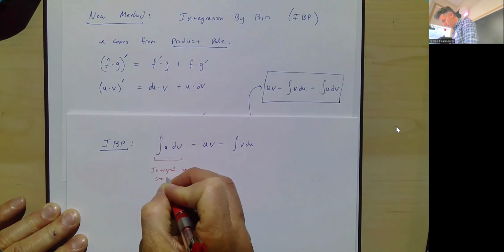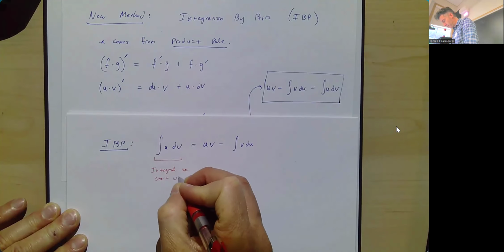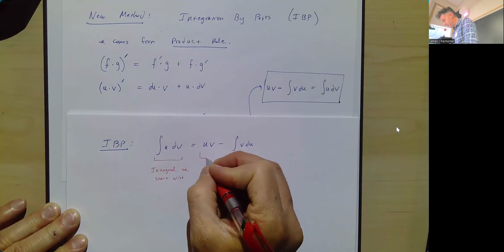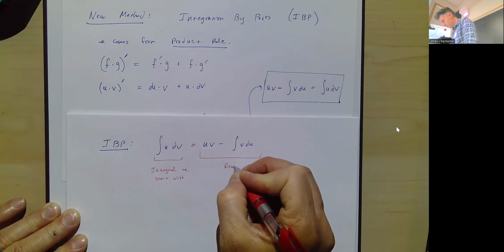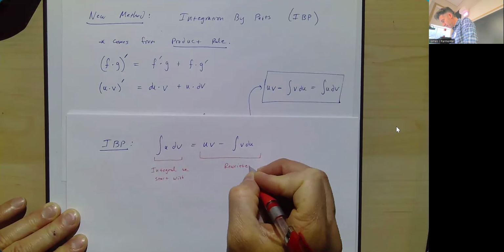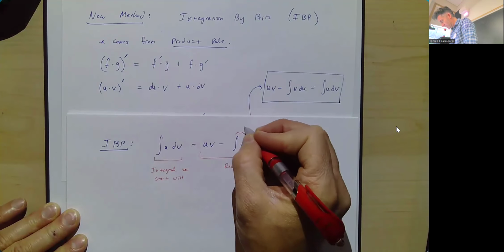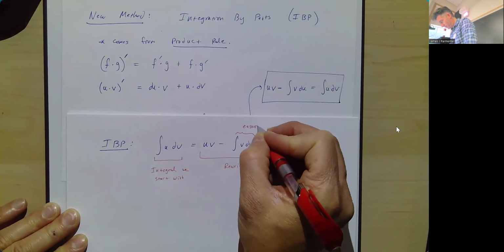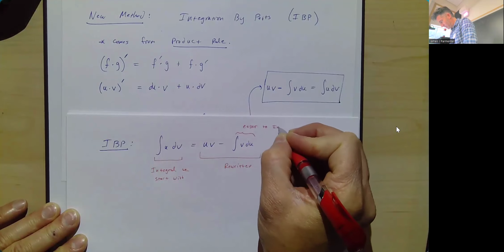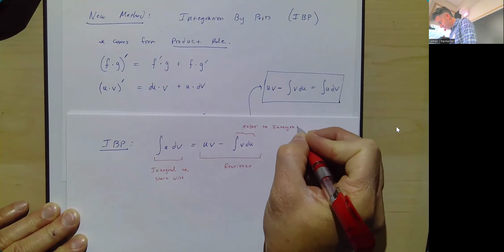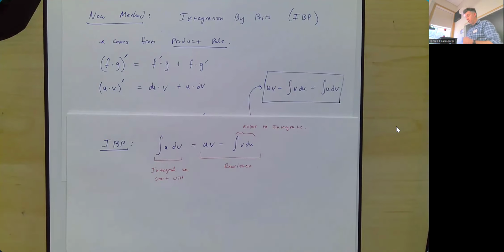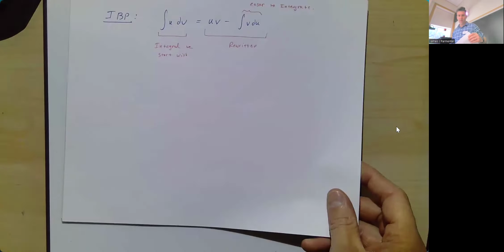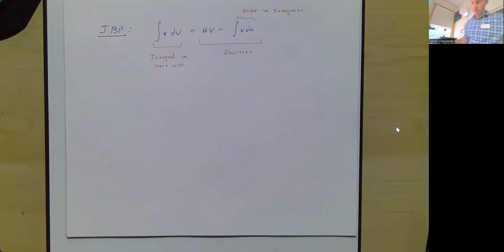And we're going to make choices so that when we rewrite it, this new integral here is easier to handle, easier to integrate. That's the whole idea. In fact, let's just do a problem instead of me saying more words. I'm still going to say words, but I'm going to say words in context.